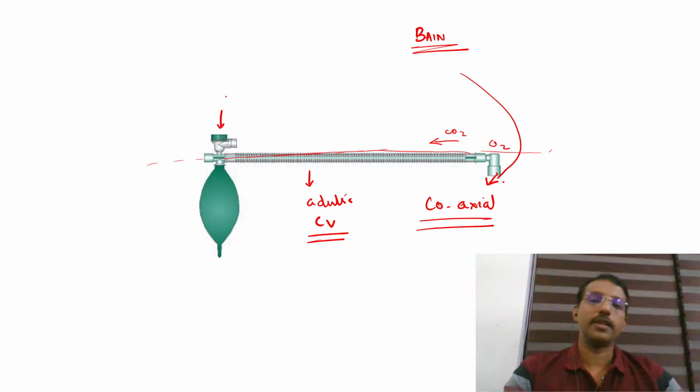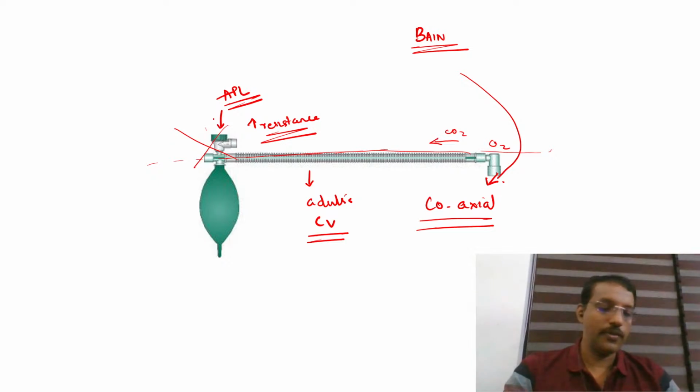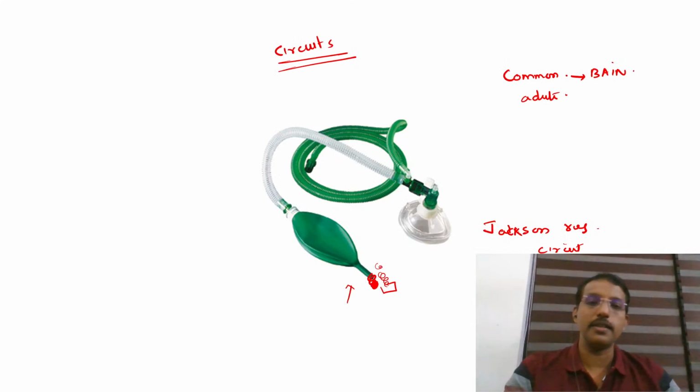This is what I was trying to tell you about the APL valve, adjustable pressure release valve, which actually increases the resistance in any circuit. This will be absent in case of pediatrics because you don't want to increase the resistance in a pediatric circuit. So if you look into the previous figure, can you see there is no valve in any of the circuit.